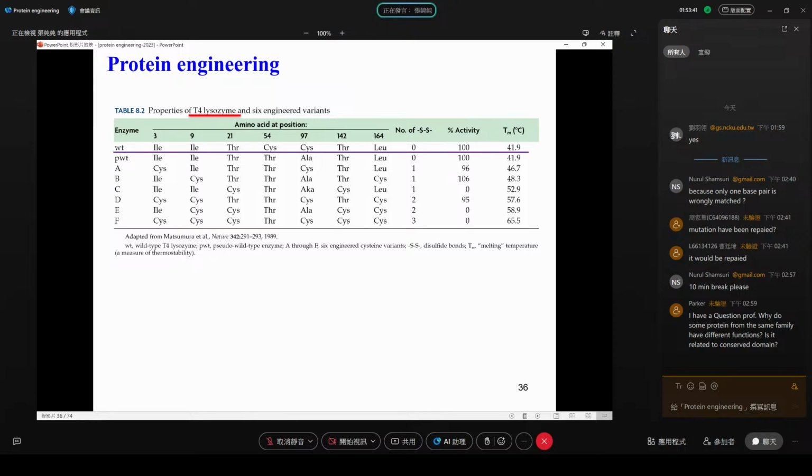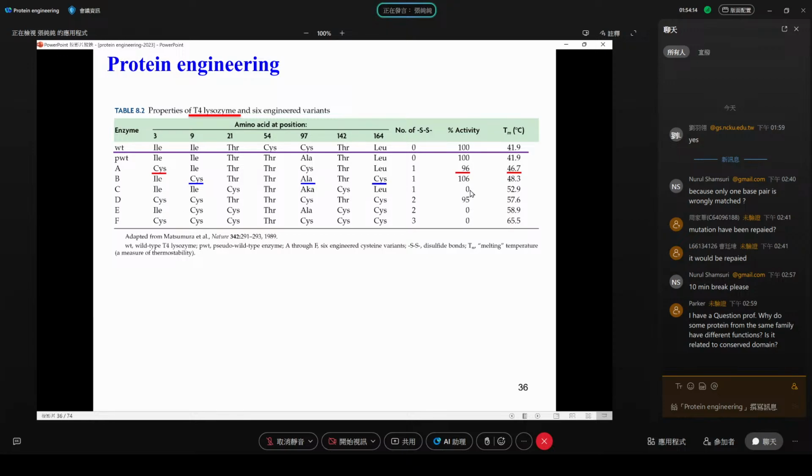Let's start to do all kinds of mutagenesis, add one, add another two, but you will need to know how to assay its activity. In this case, they know it's T4 lysozyme, so they can provide substrate for this. And they want to assay thermal stability, so they can increase the temperature to test whether they still maintain its activity.